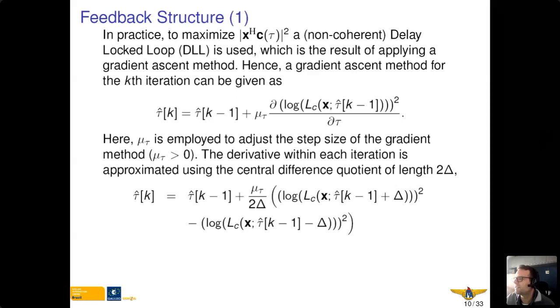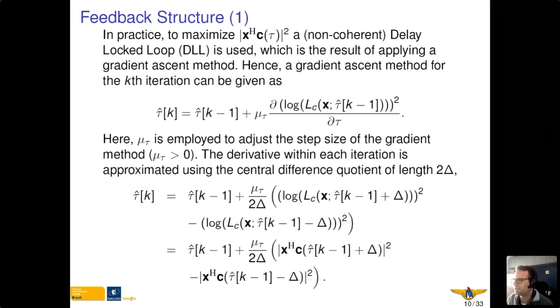The derivative within each iteration is approximated using the central difference coefficient. This is the same as we already introduced in the first part of this course, again the difference coefficient with respect to 2 delta.